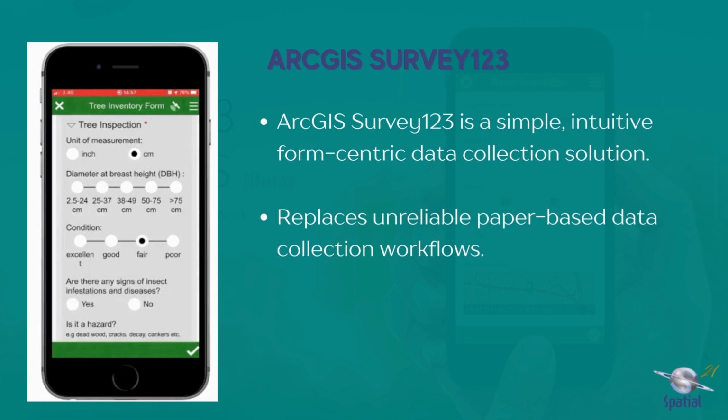Surveys can be completed as a single activity, or the survey can be completed multiple times. Respondents can be persons from the general public or existing users of your ArcGIS organization. Respondents can capture new records or edit or append to existing records.